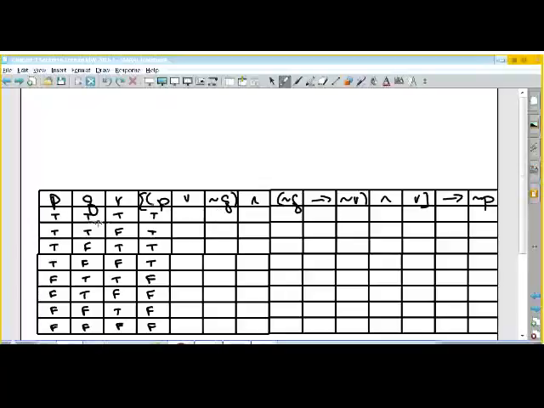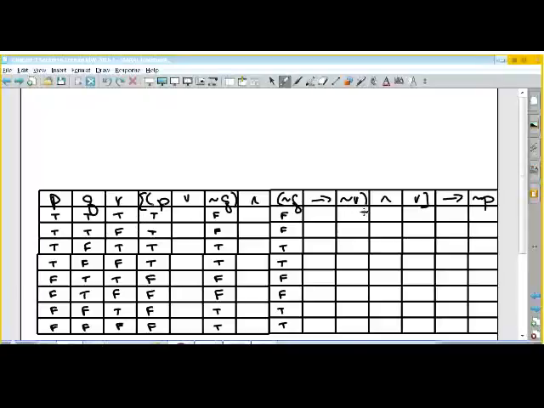So now we got to do the negation of Q. So instead of true, true, false, false, it'll be false, false, true, true, false, false, true, true. Then we have the negation of Q again. So it's false, false, true, true, false, false, true, true.